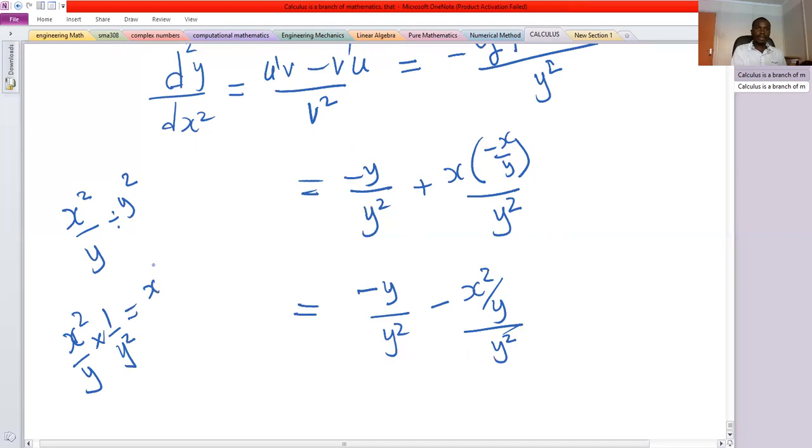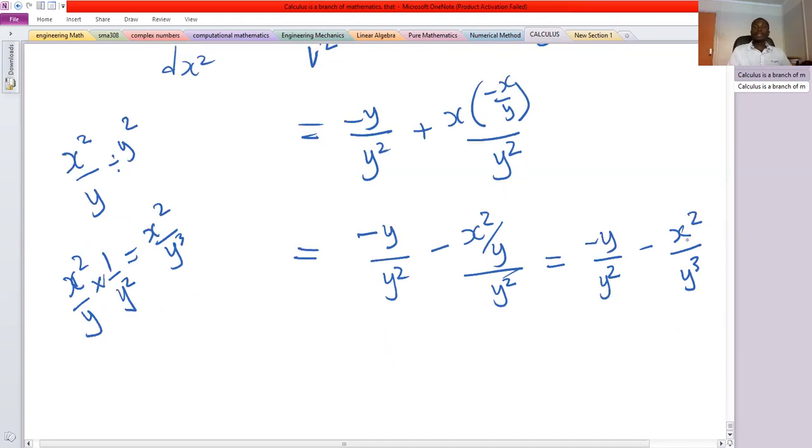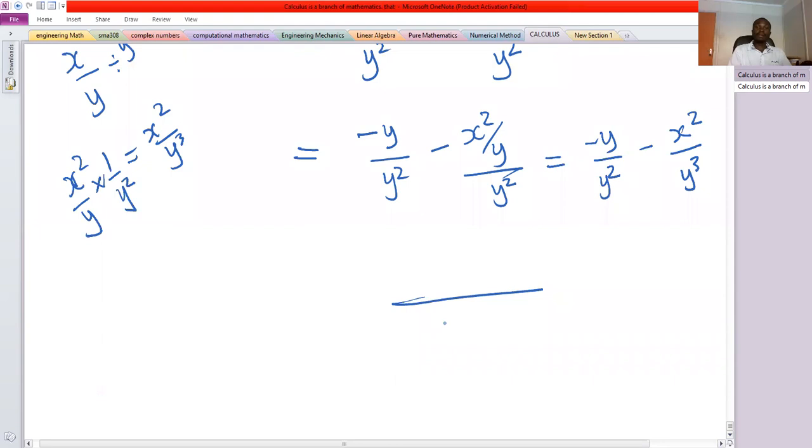So it'd be x squared over y power 3. So this is the same as minus y over y squared minus x squared over y power 3. And you see we can put this over y power 3.